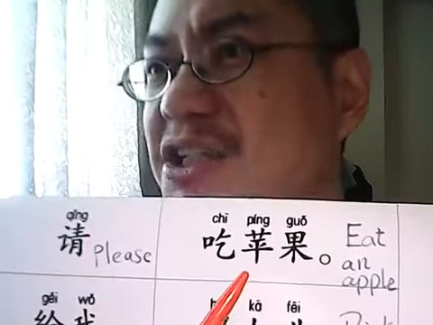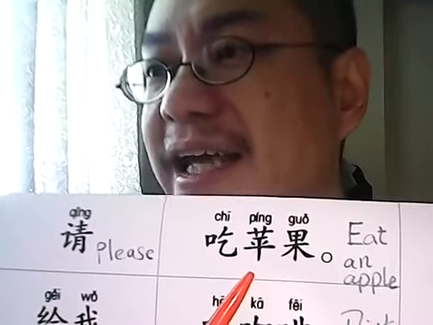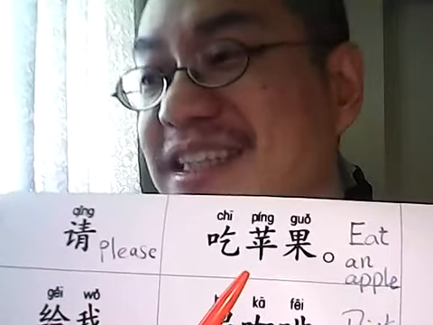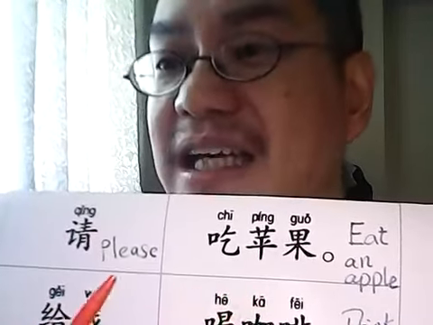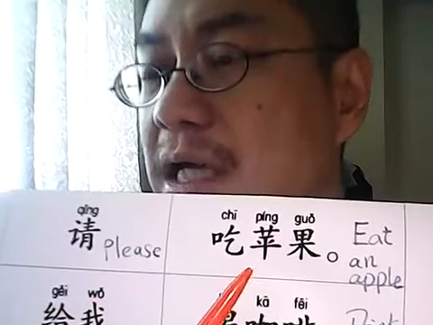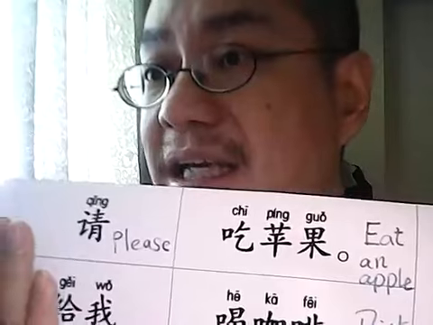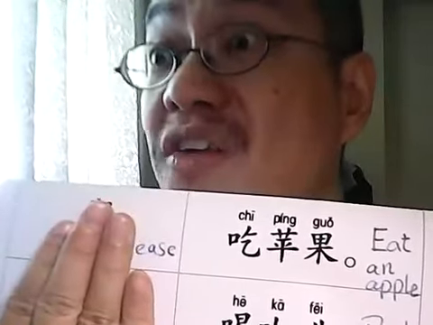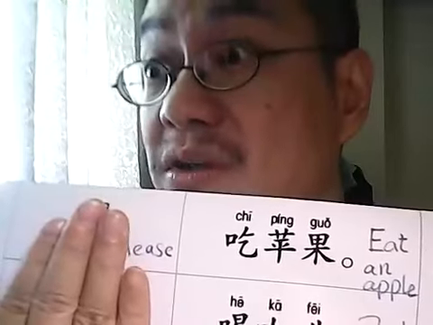In English, we need an. But in Chinese, we don't need to use that. It's good enough. 请吃苹果. Actually, you can just say 吃苹果. That's the normal tone.